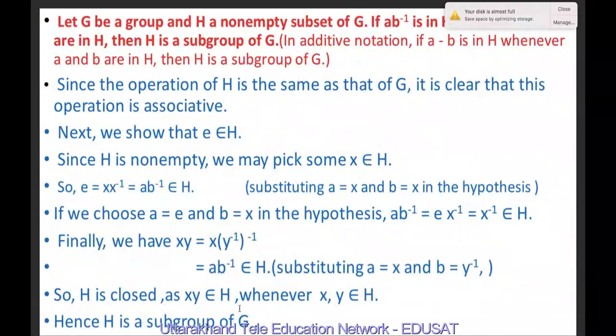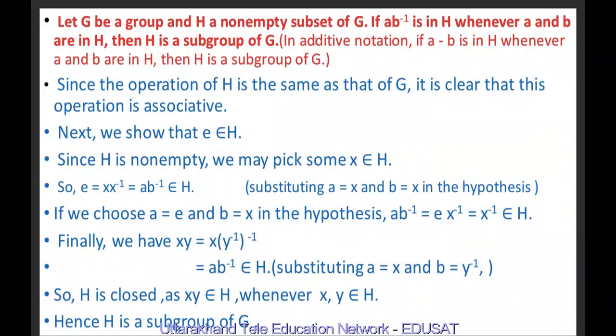So the first is: let G be a group and H a non-empty subset of G. If ab inverse is in H whenever a and b are in H, then H is a subgroup of G. And we use this result for the majority of problems arising in group theory.